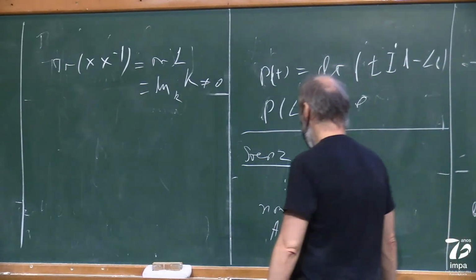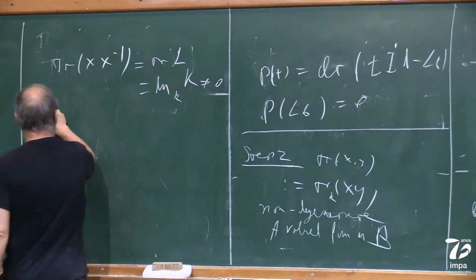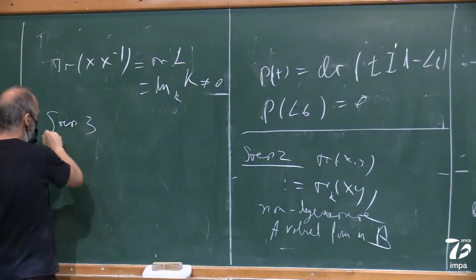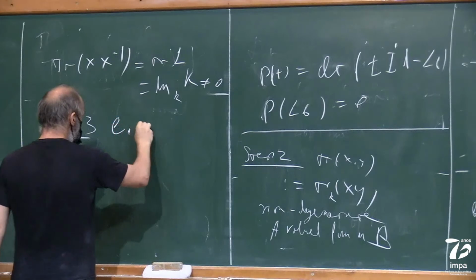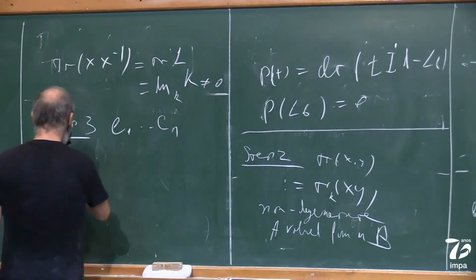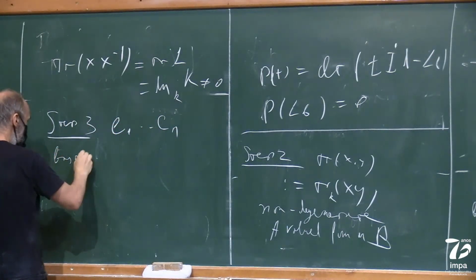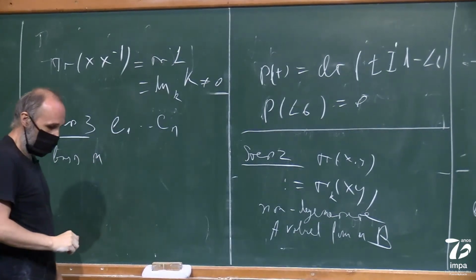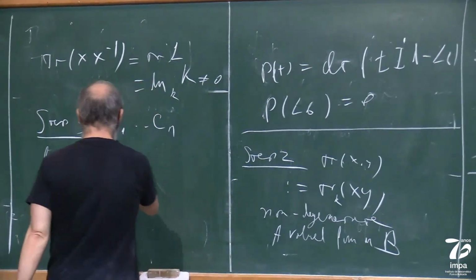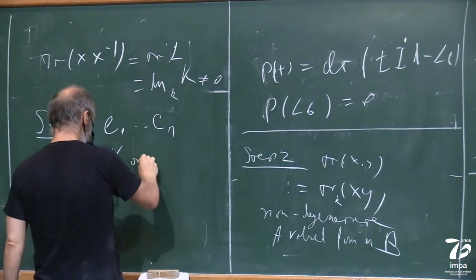Okay, step 3. We take a basis e1, ..., en, a basis in K big over K small.